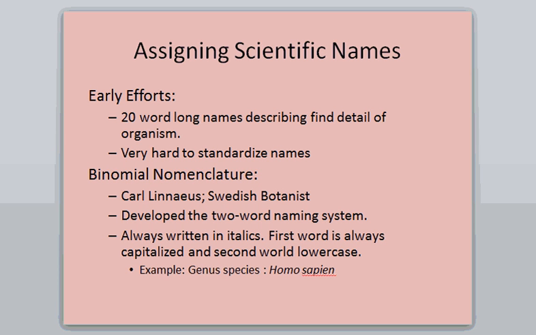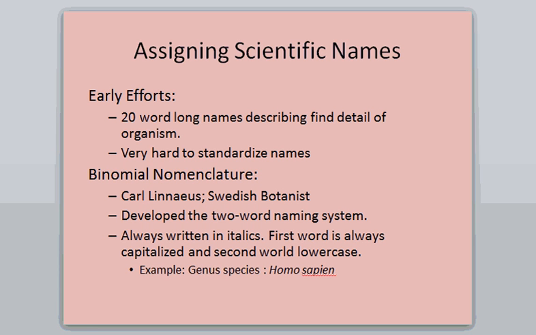That is when Carl Linnaeus, a Swedish botanist, came up with binomial nomenclature. He developed this two-word naming system, where the name is always written in italics and the first word is always capitalized.